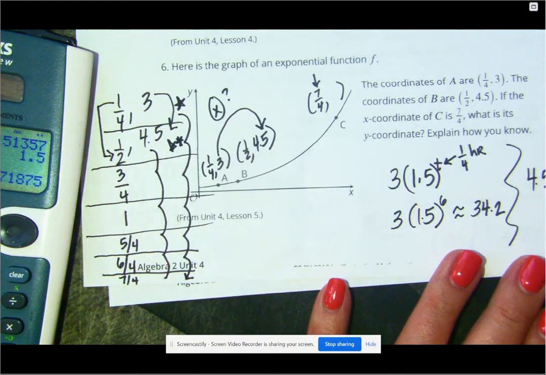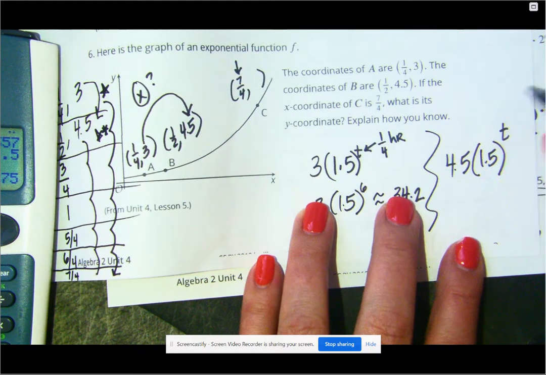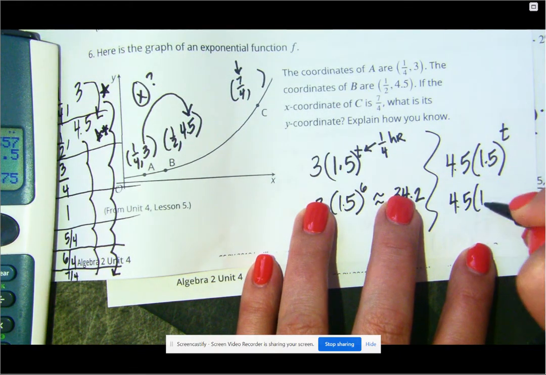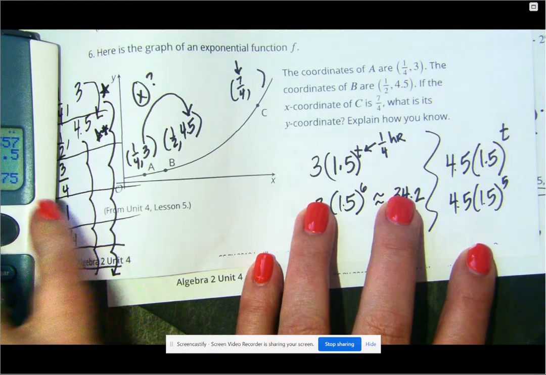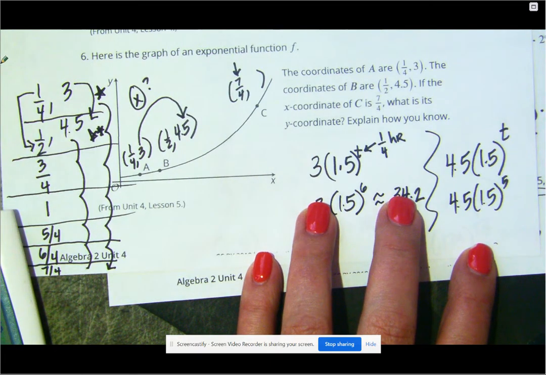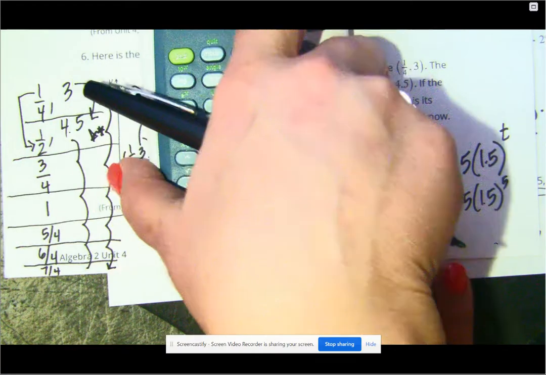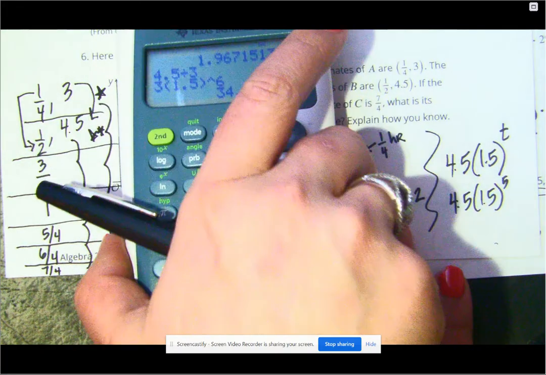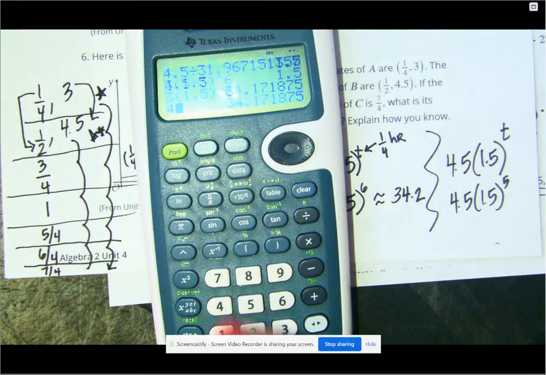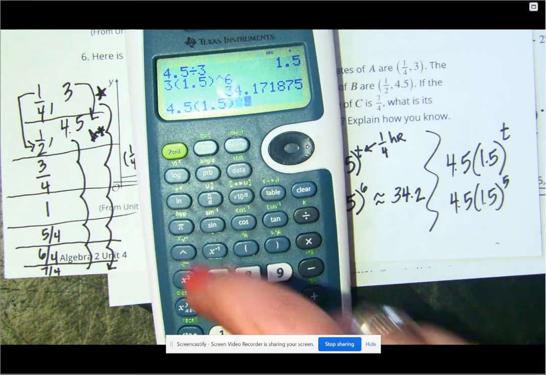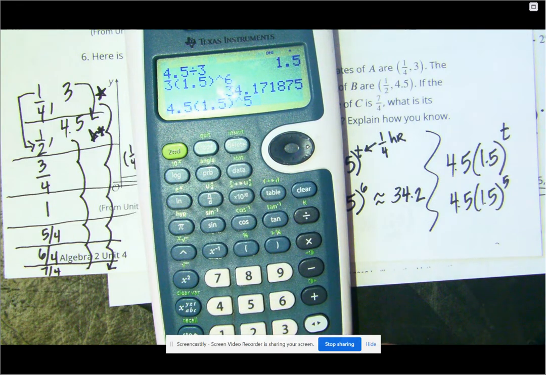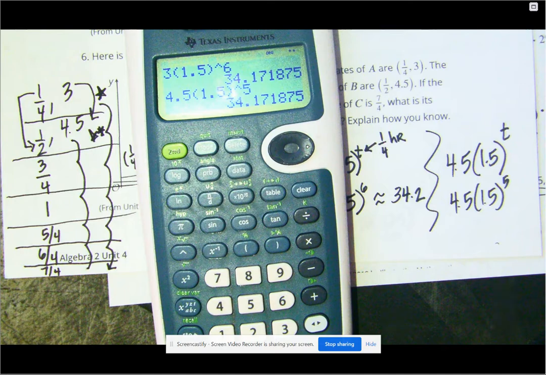So I put a 5 in here. Since I started at point B, I only had to go 5 intervals of 1/4, and you're going to see that you're still going to get the same answer. So 4.5 times 1.5, this time I only need to jump 5 times, 34.2.